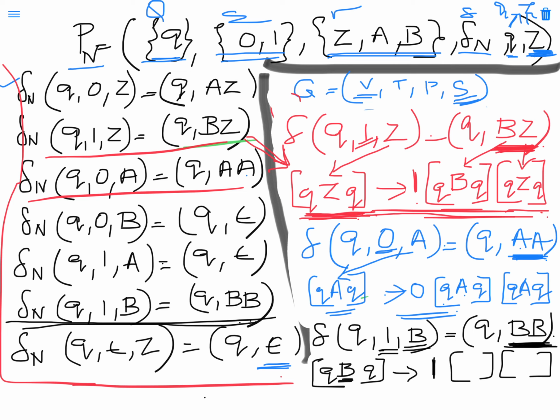So the stack symbols used in the right hand side are BB. So the non-terminals also will have B in the middle, and the states will be included. So this will be the production corresponding to this function.